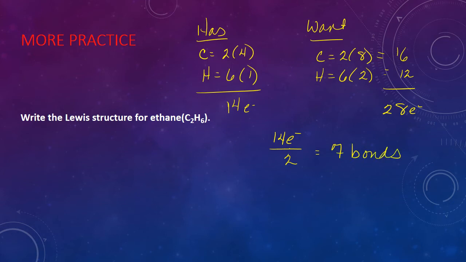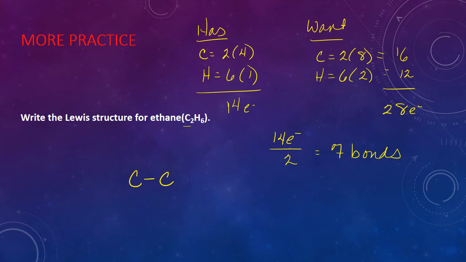Now you have to figure out how you're going to draw this thing. You know for a fact hydrogens have to be on the outside because they can't have more than 1 bond. And I have these 2 carbons in the center. I'm going to draw them like that. Now let's see what we can do with these 6 hydrogens.